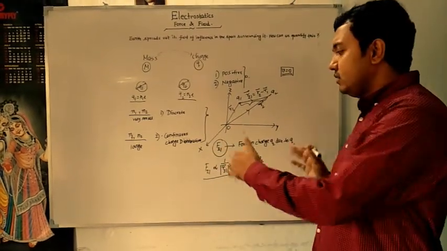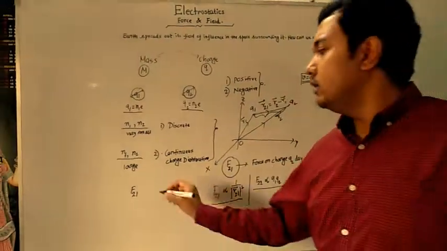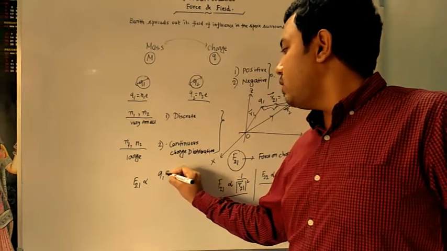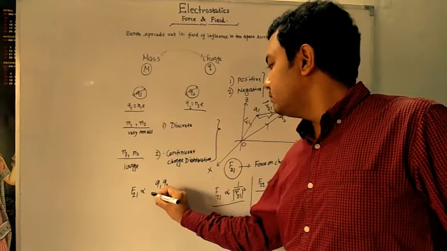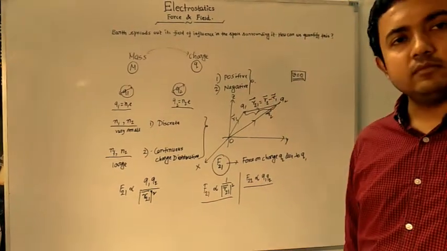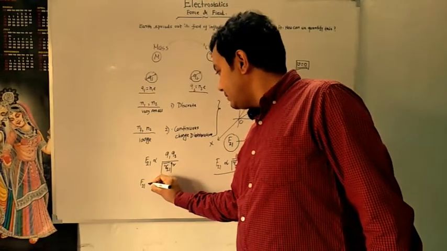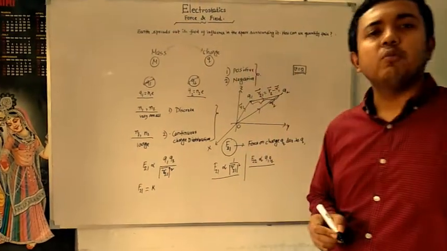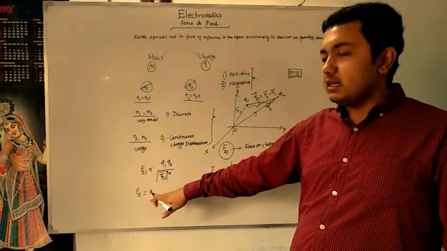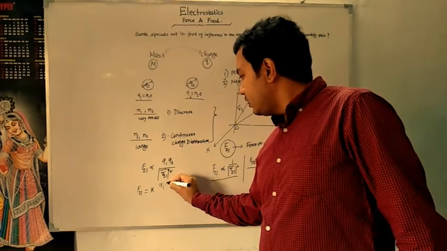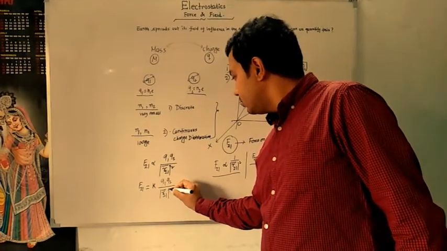If we combine these two, then we can write F21 directly proportional to Q1 Q2 divided by R21 squared. And we can write this as an equation by using a proportionality constant, which is denoted by K: K Q1 Q2 by R21 squared.